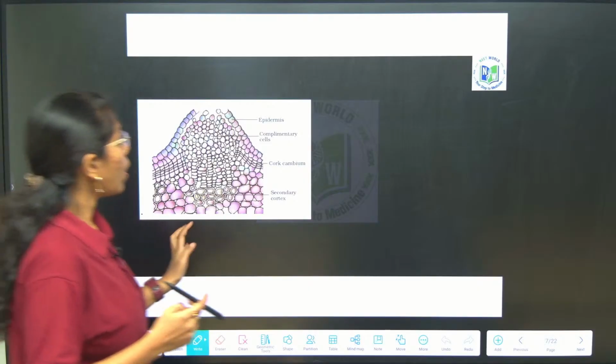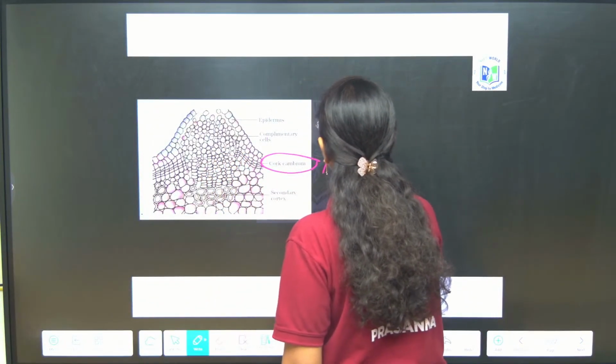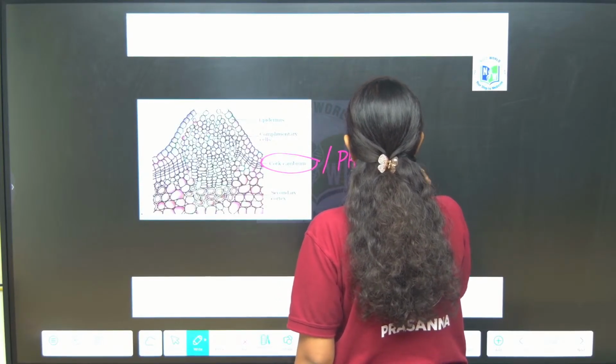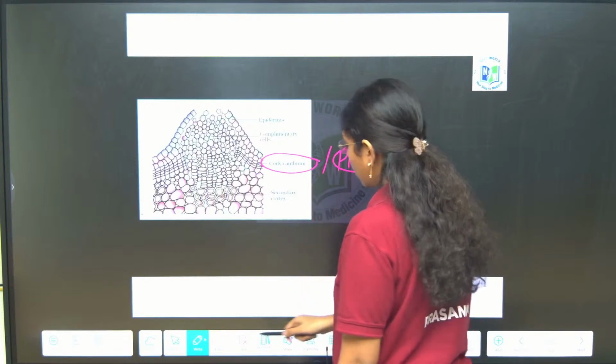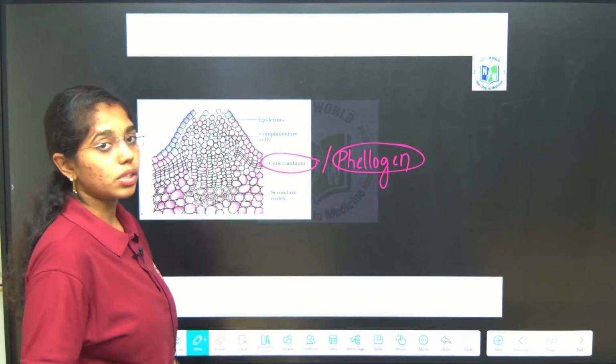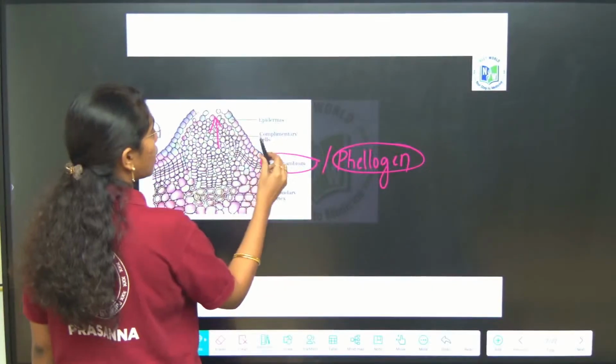So here what happens is, because of the sequential secondary growth of cork cambium or phellogen, fresh cells are formed towards the epidermis. Those are called what?